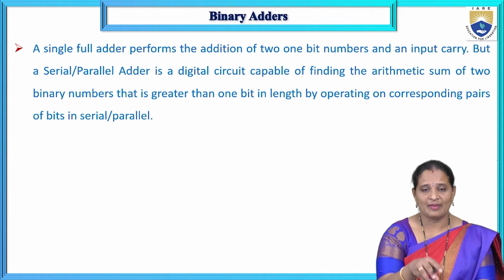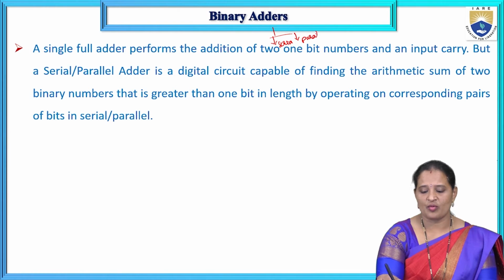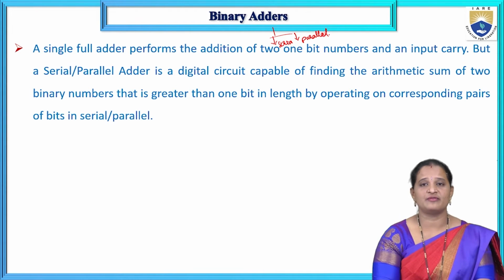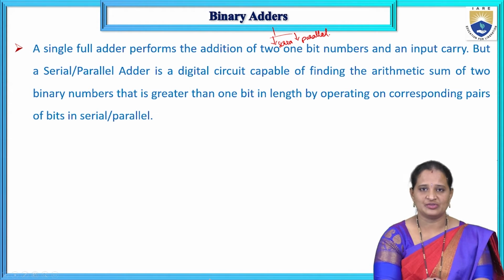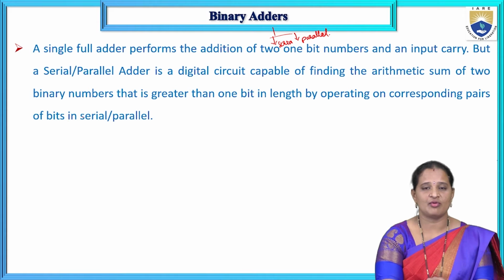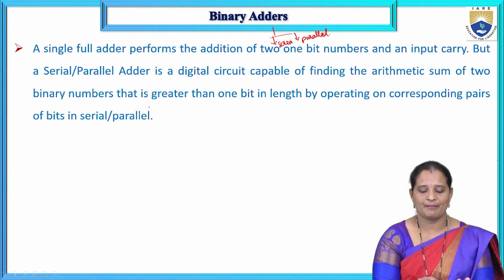That means we have two types of binary adders, basically serial adder and parallel adder. These are combinational logic circuits which can perform the addition of two binary numbers of more than 1 bit each, by operating on corresponding pairs of bits in serial or parallel.